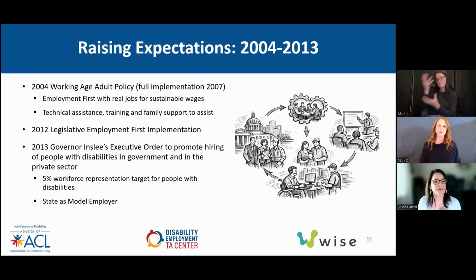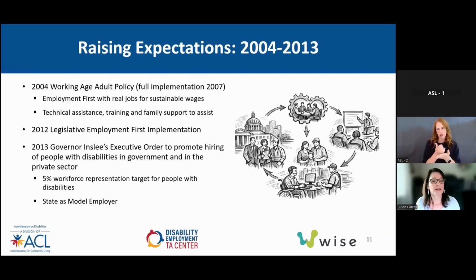In 2004, the working age adult policy was passed in Washington State, which really set the stage for employment first, real jobs for sustainable wages. And this was an expectation that our Developmental Disabilities Administration carried forth. And they asked for technical assistance, training, and family support to assist with that.